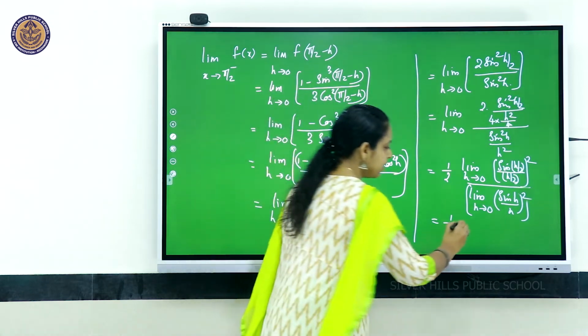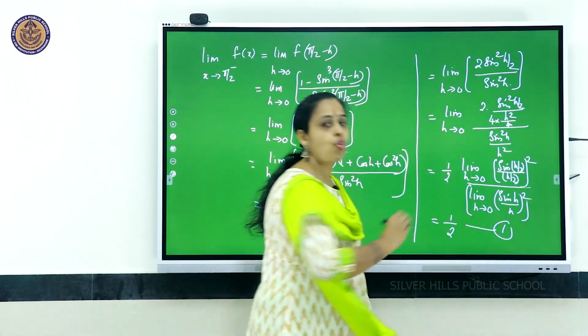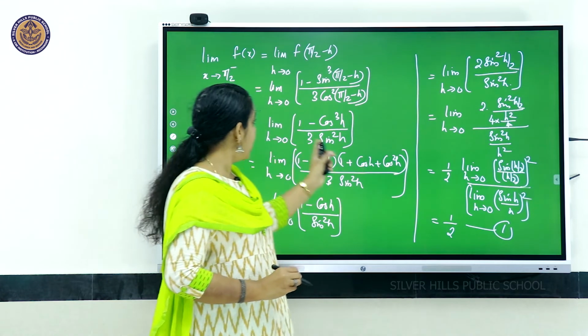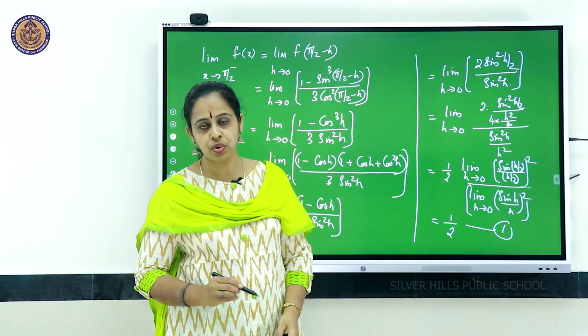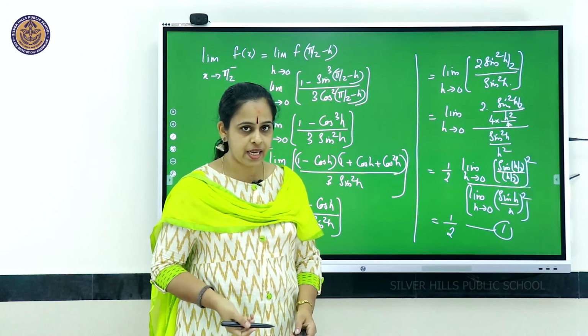So, let me give this as equation number 1. The left hand limit at pi by 2 became 1 by 2. Now, let us look at the right hand limit.